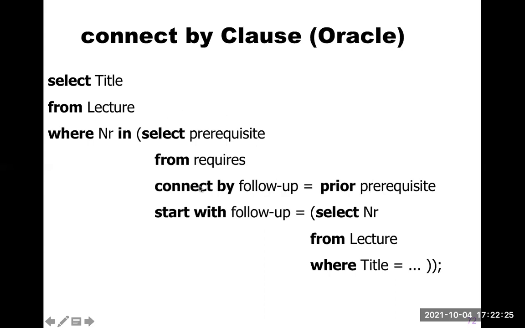So this query, starting from some point, goes up and up and up, searching for parent and grandparent and so on, and it stops only when there are no more parents. So we found our grand ancestor, and then it stops.